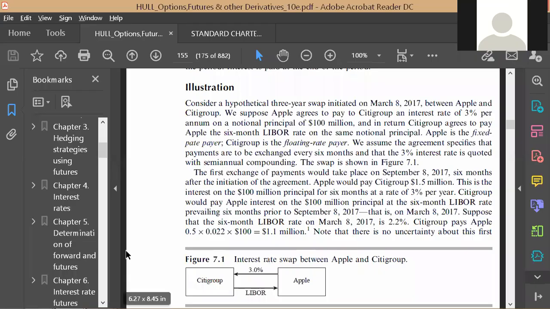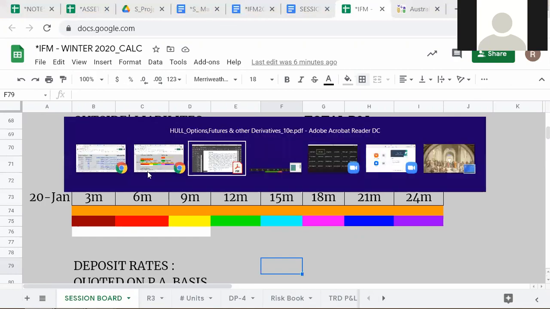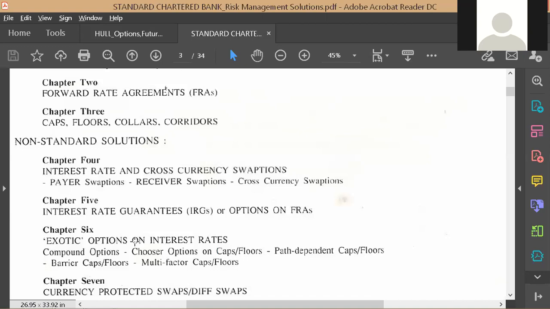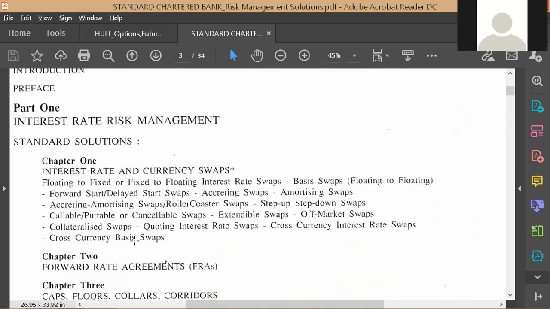But these terms are important because later on there is a structure I've talked about, which is called a LIBOR in arrears swap. If you see under standard solutions, there is something called a LIBOR in arrears swap, which you will find here. It should be here: interest rate basis swaps, amortizing swaps, step up, step down, callable, puttable.